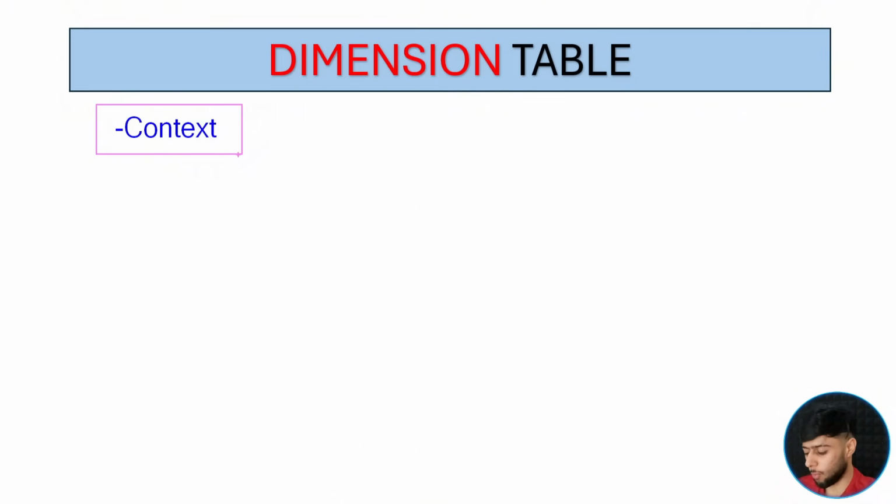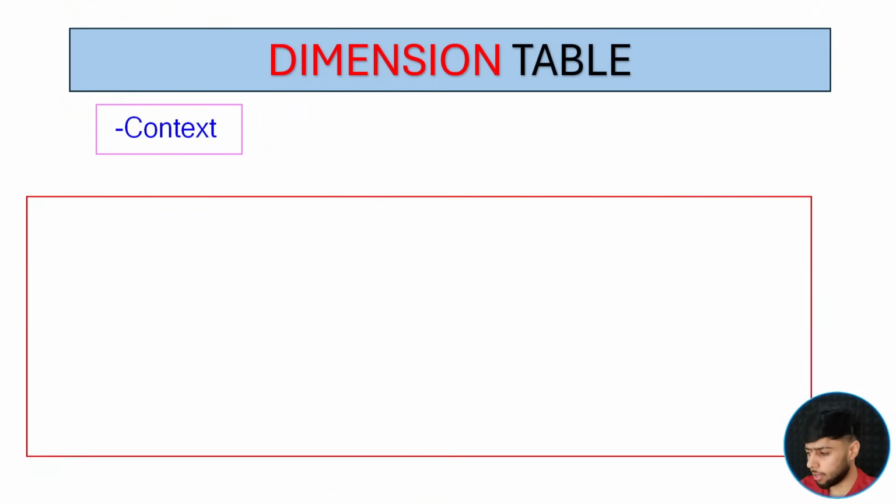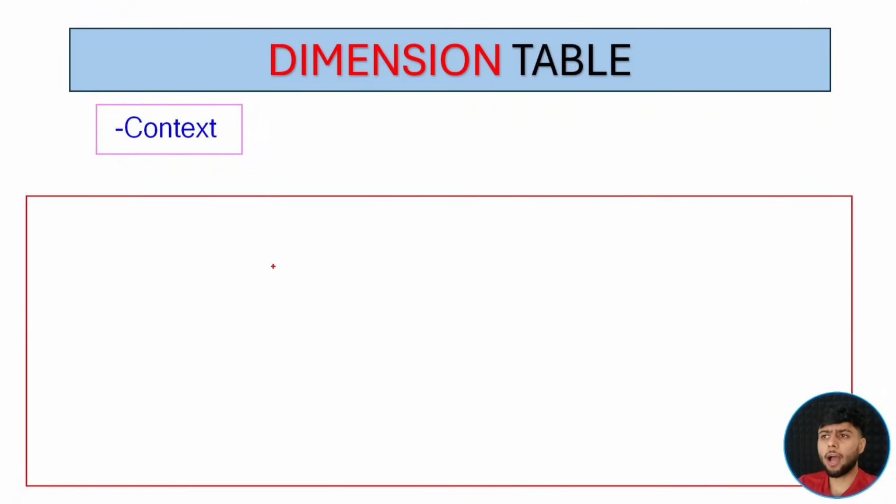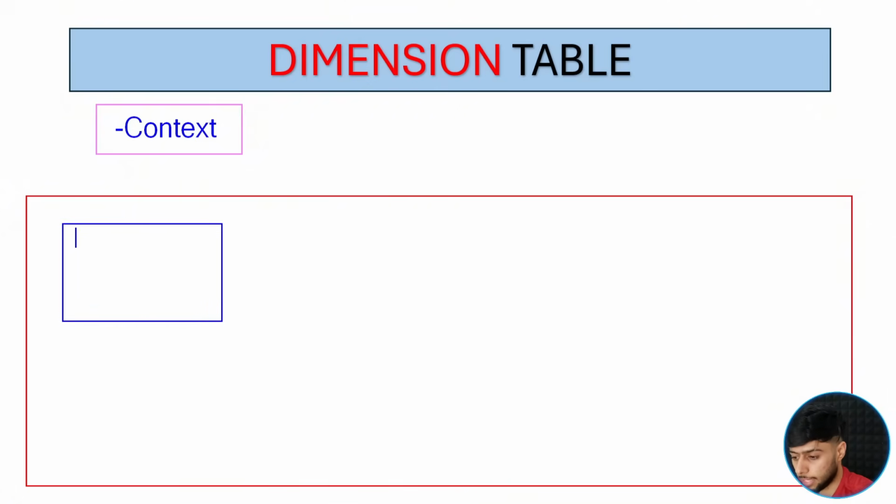In our particular example, we have so many columns related to customers: customer ID, customer name, customer email. You saw it, right? So that is one context of the data, from the customer's perspective. So we will create a different dimension table for customers only. That will be our dimension table 1, called dim customers.